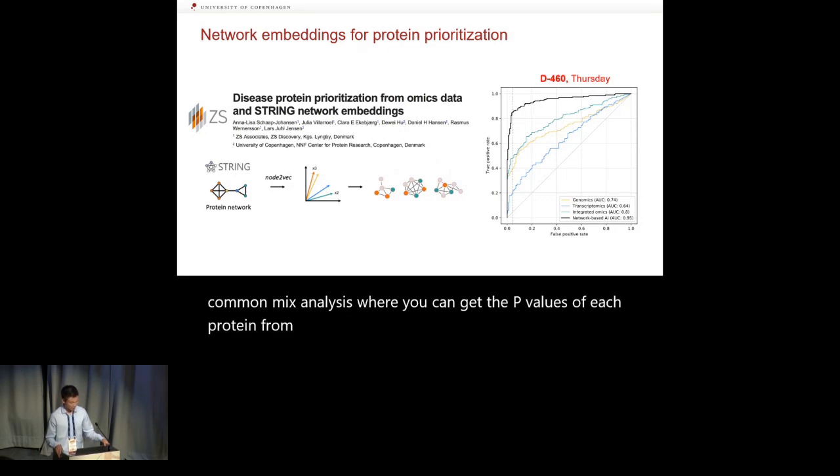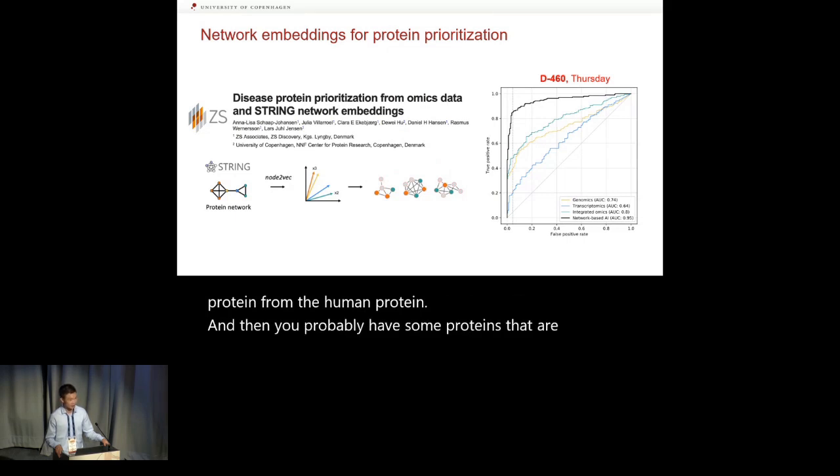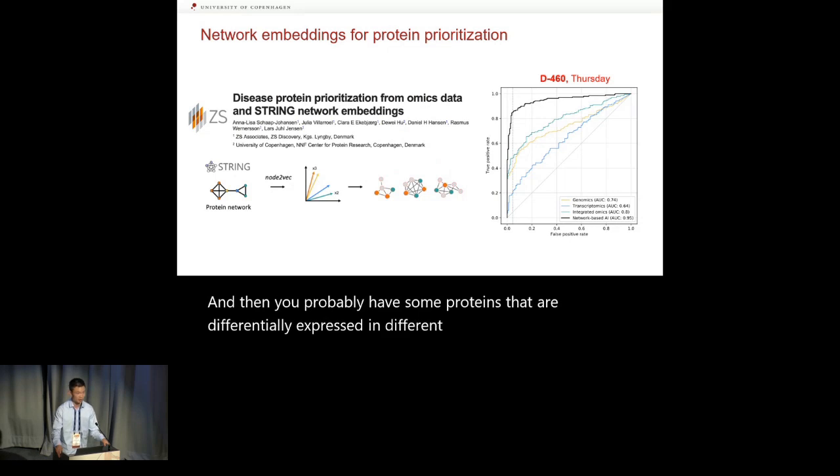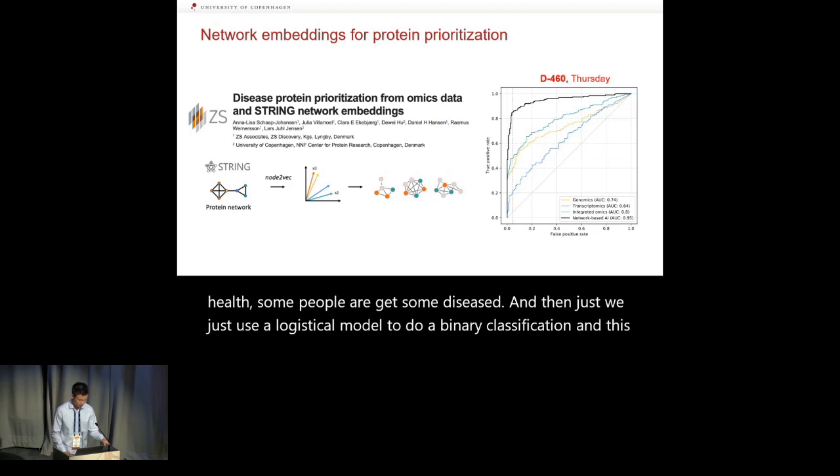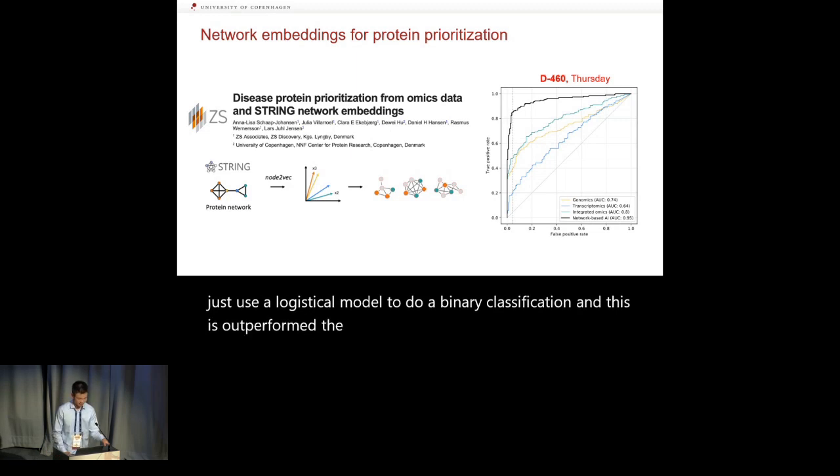Then you probably have some proteins that are differentially expressed in different people. Some people are healthy, some people have some disease. Then we just use a logistic regression model to do a binary classification, and this outperformed the traditional omics analysis.